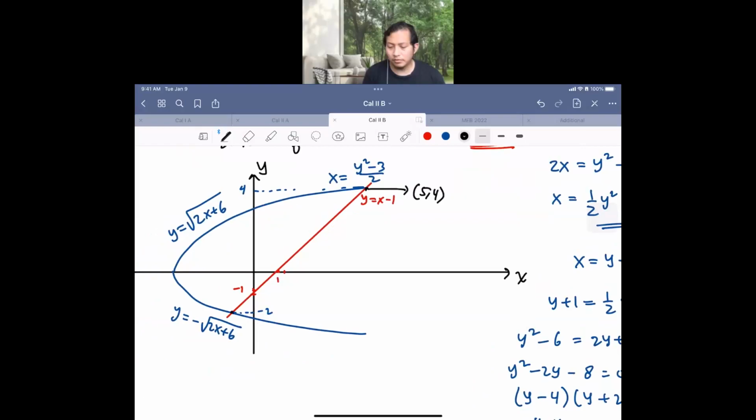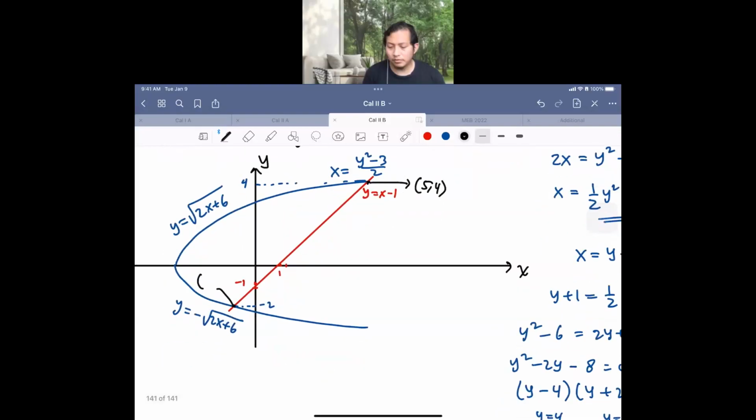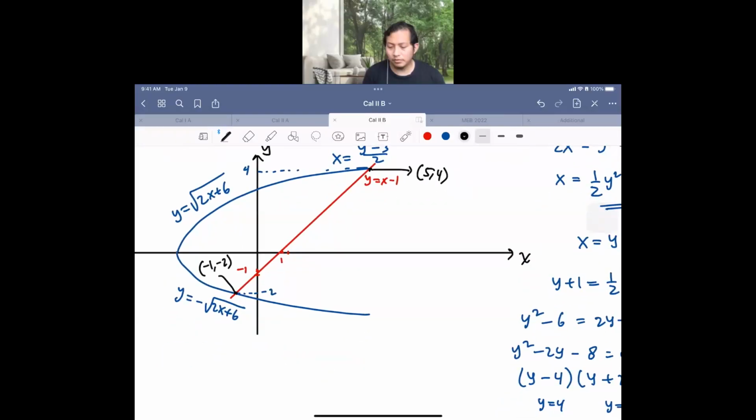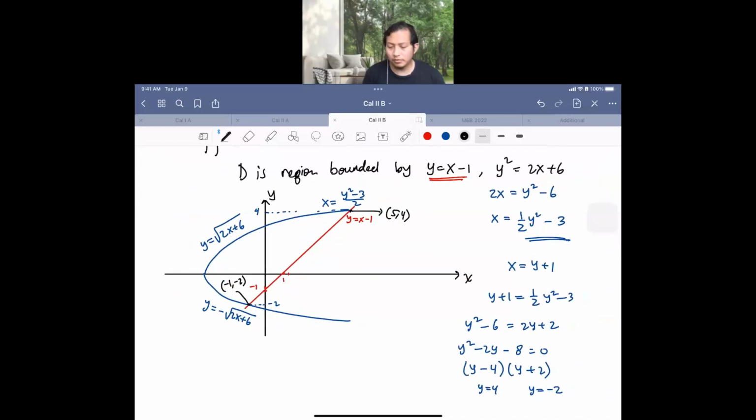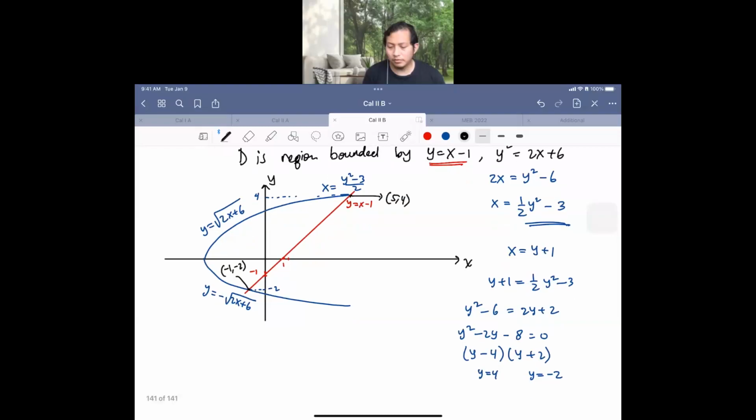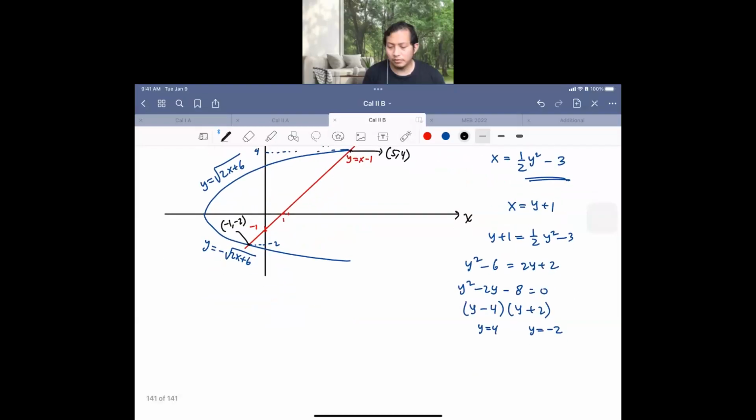And when y is negative 2, this will be (negative 1, negative 2). Okay, that's the intersection. So we already have all the required numbers.